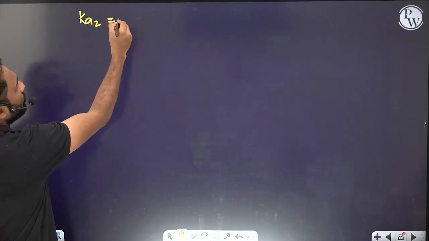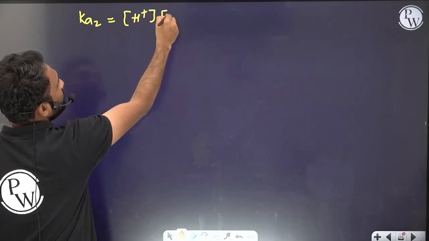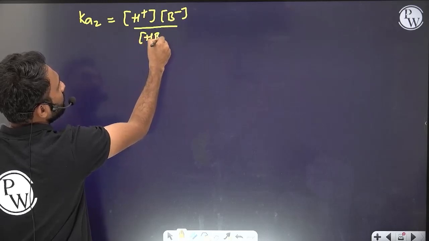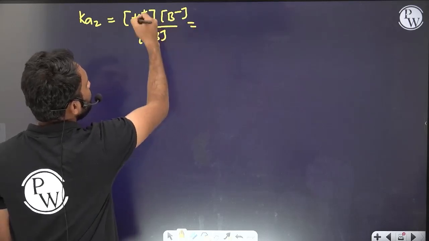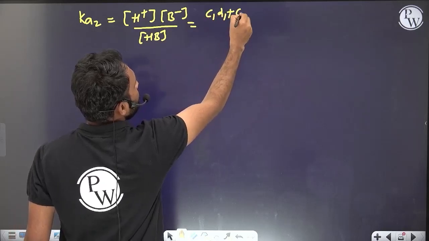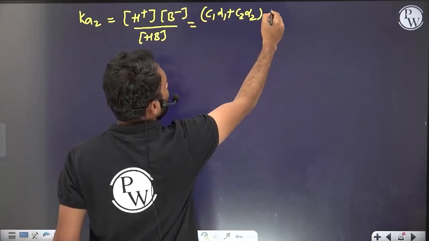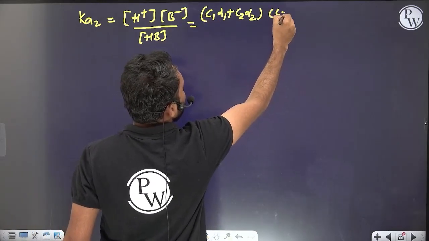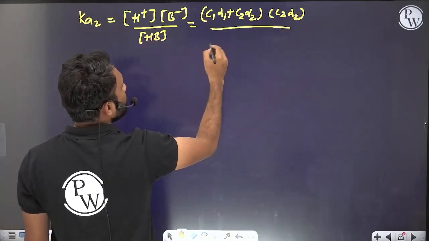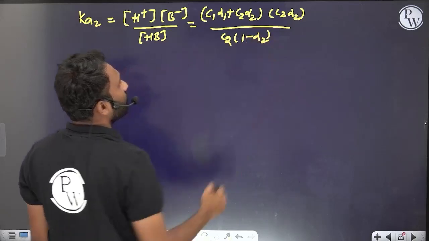Ka2 is equal to the concentration of H plus and the concentration of B minus divided by the concentration of HB. Now the concentration of H plus is C1 alpha 1 plus C2 alpha 2. The concentration of B minus is C2 alpha 2, and the concentration of HB is C2 (1 minus alpha 2).